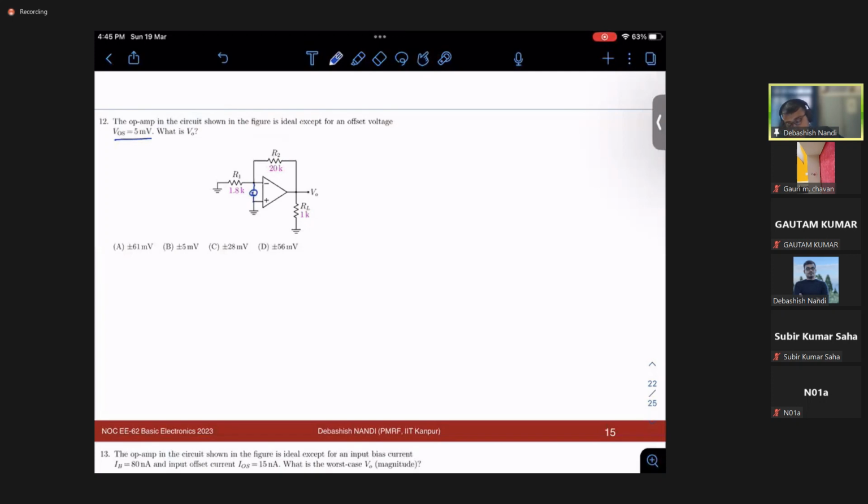Or I would say that your virtual short is no more in place. Okay. This is called real device effects, real circuit effects. When you go to the real world, this kind of effects, you will not be able to consider this virtual short always, right?